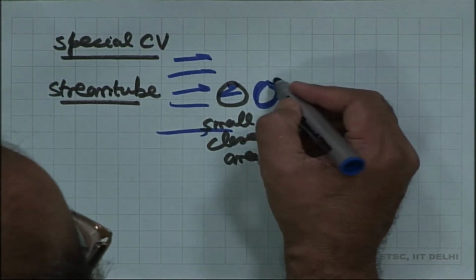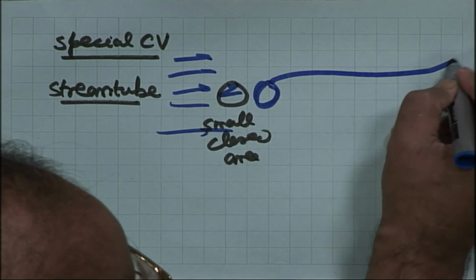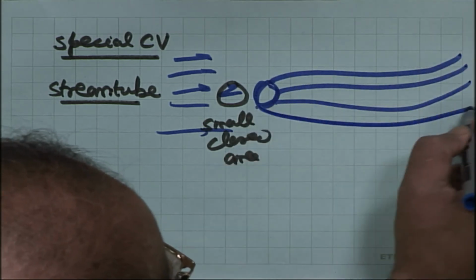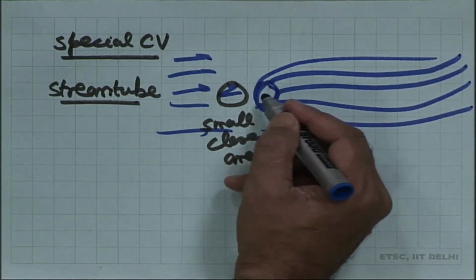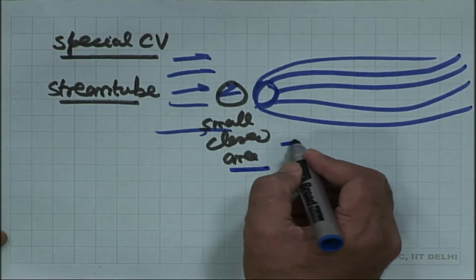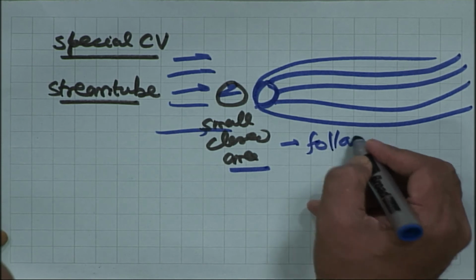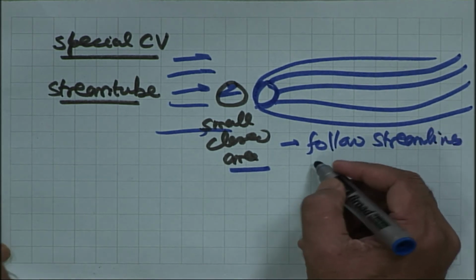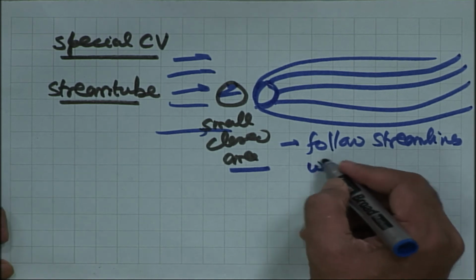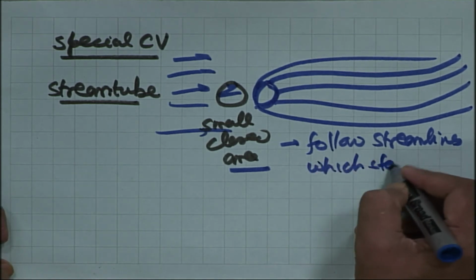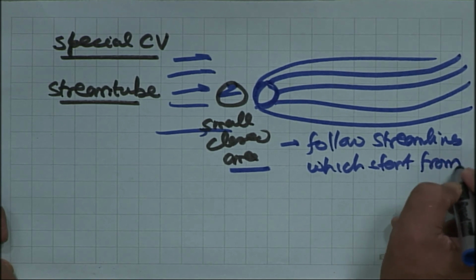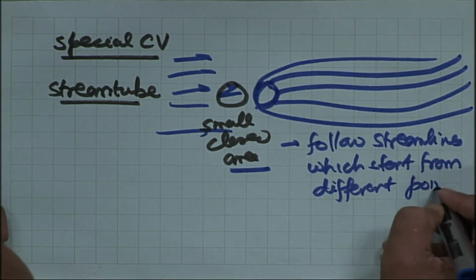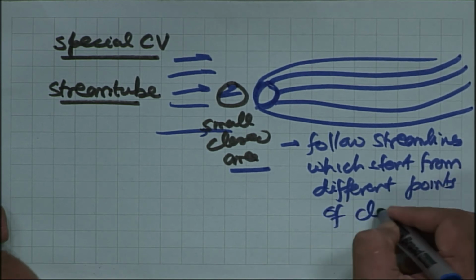From each of these points there will be a streamline, and we follow the streamlines which start from different points of the closed area.